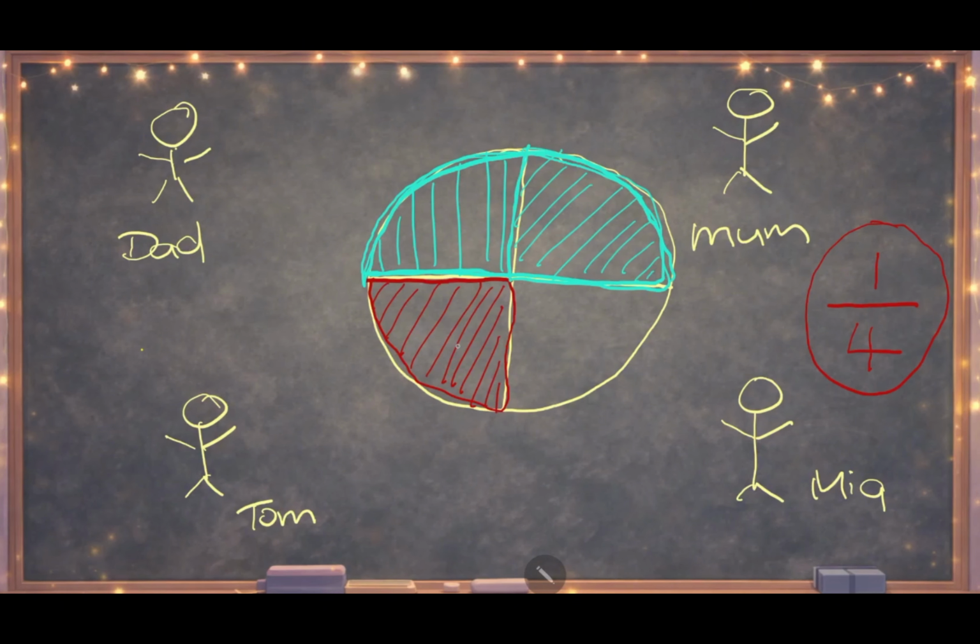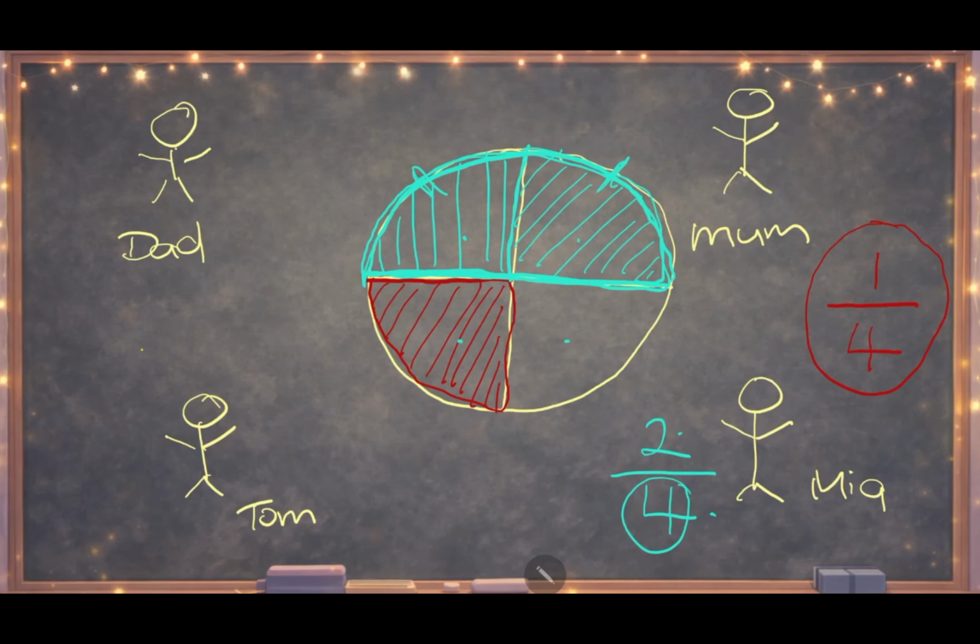Then we know that the pizza is split into 4 equal parts. So the denominator will be 4. And Tom's parents ate 2 pieces. So we will put 2 in the numerator part. And we will read this fraction as two quarters, because the denominator is 4 and the numerator is 2. We are going to write this fraction 2/4.